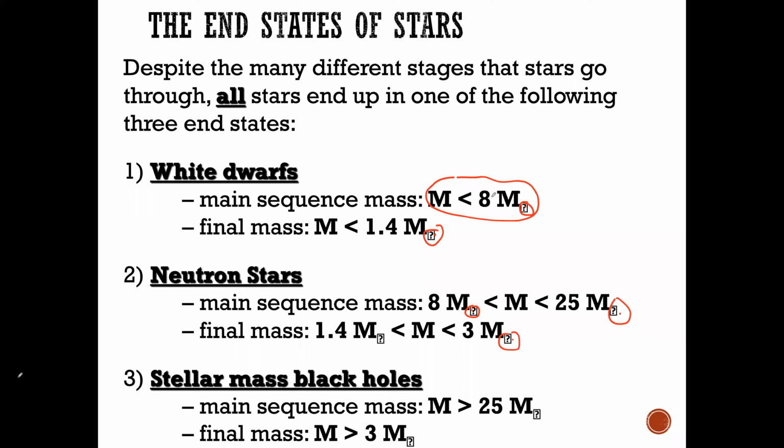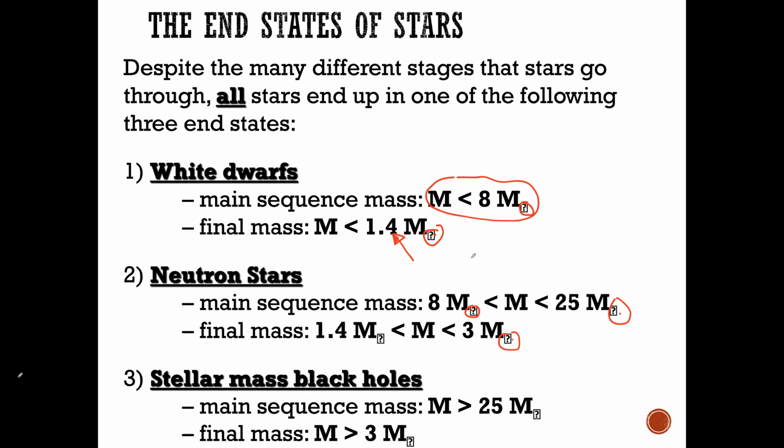So if it is less than 8 solar masses, those stars will become white dwarfs, right? These are not exact numbers, by the way, these predictions. And the final mass of the white dwarf will be less than 1.4 solar masses. Remember that this was the Chandrasekhar limit, right?